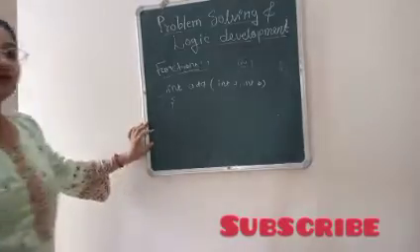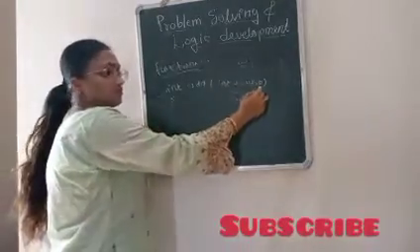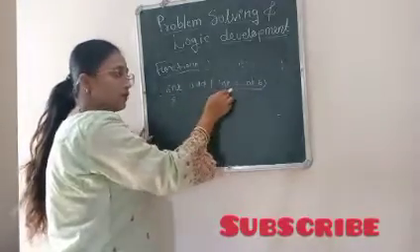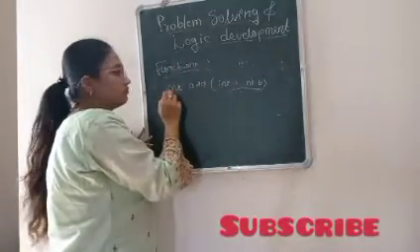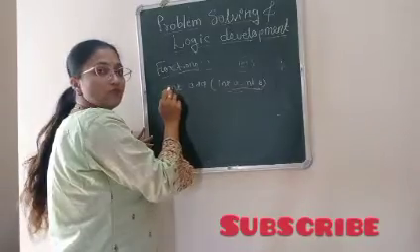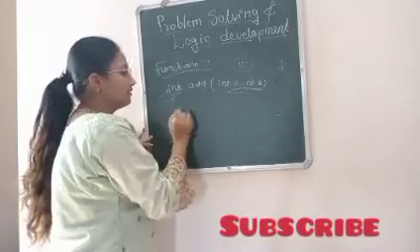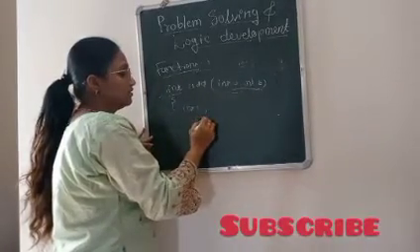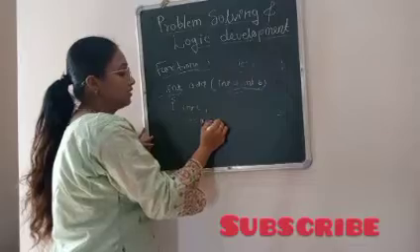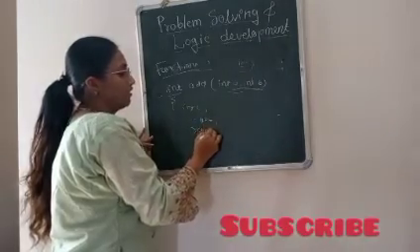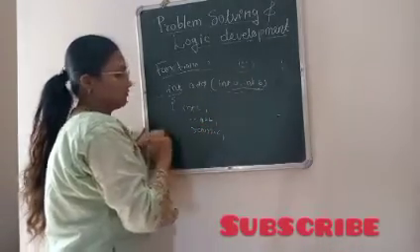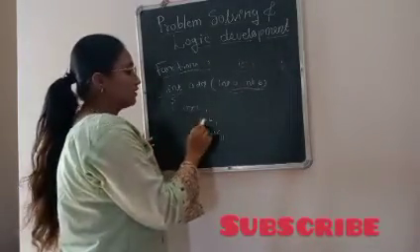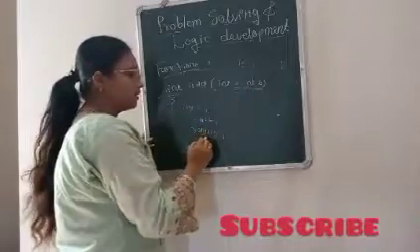Now I have to take two inputs, two arguments, and I have to return one value. Suppose I take c here. In c I am storing the addition of a and b, and I am returning the value of c. So now what we are doing is taking two numbers, adding them and returning the value.